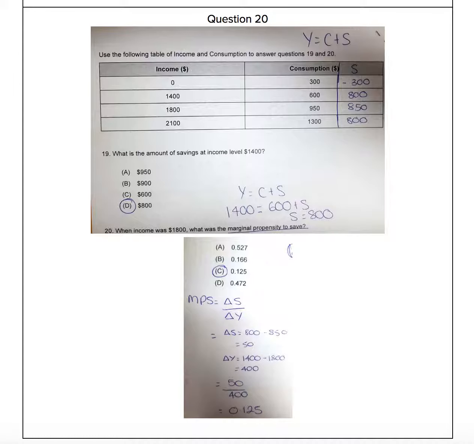Question 20 was the calculation question that flowed on from question 19. I'm not going to go through this now, but as you can see, one of the strategies that I used before I attempted 19 or 20 was to actually add my savings column. By adding my savings column, it was much easier for both questions than doing the maths whilst doing this calculation as well.